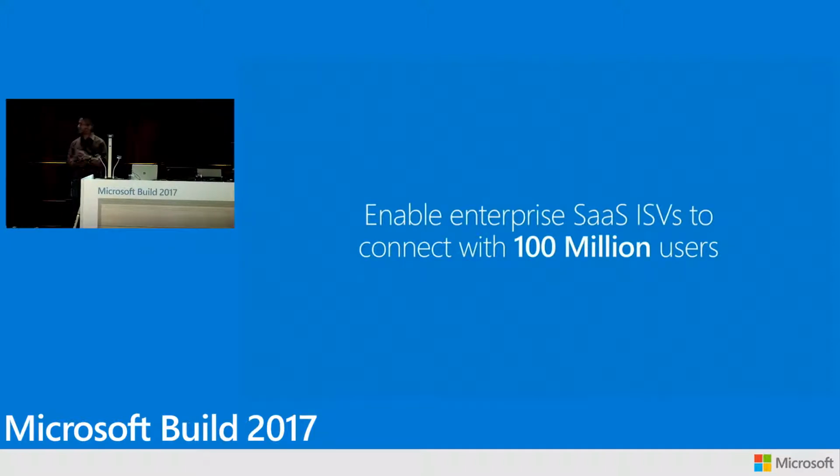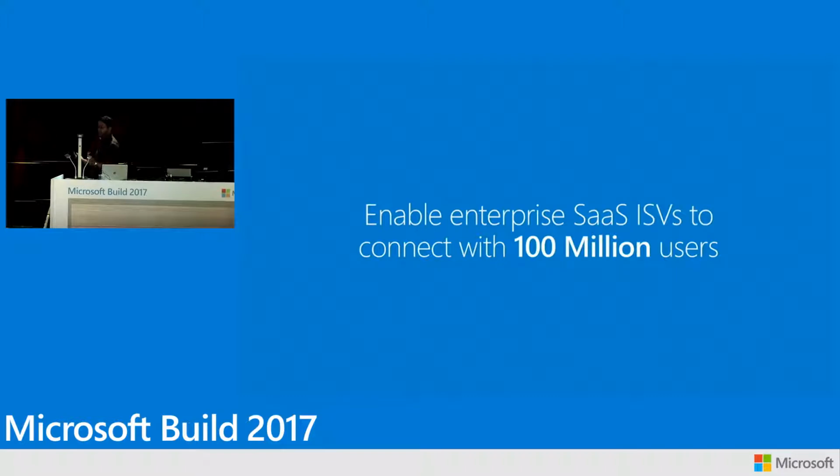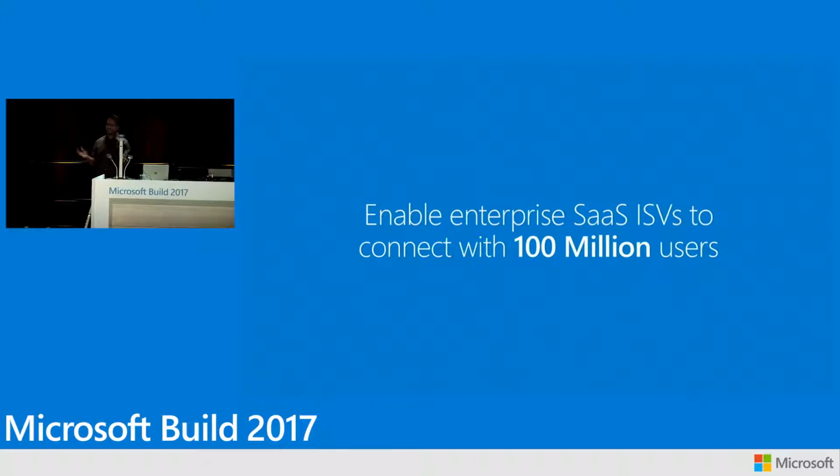You've probably heard this in the keynote, but the gist of it is that across our first-party products like Office 365, Dynamics 365, and the Power suite of services, we have over 100 million active monthly users. As an ISV, when you build applications, the ultimate goal is to get more users and better business outcomes.